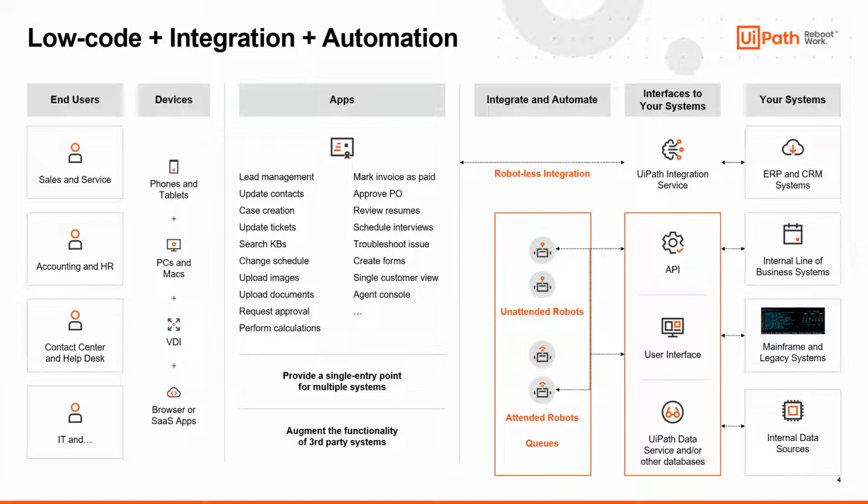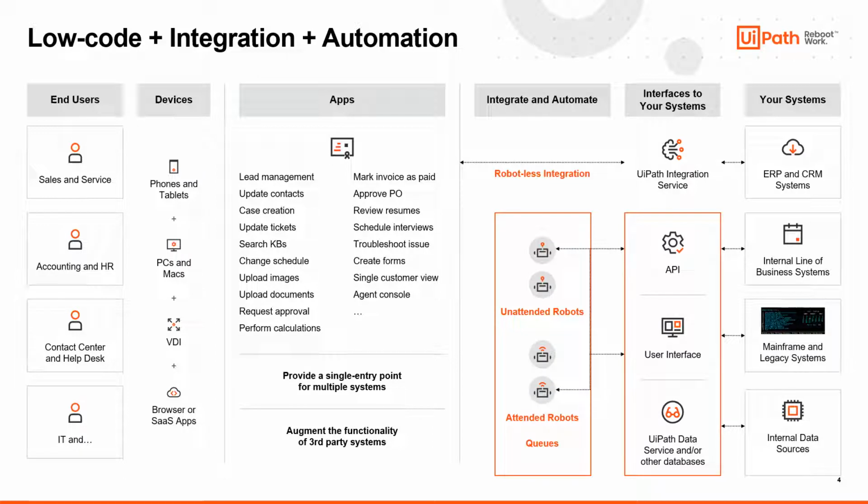scale. It basically provides a single entry point for multiple systems, right? As I said, you don't have to toggle between multiple screens. So how it happens is you have the unattended bots and the attended robots, right? You can run it using unattended bots or attended robots. The unattended bots will run through a trigger, whether it's a call or an email or an SMS or anything which you give as a trigger.